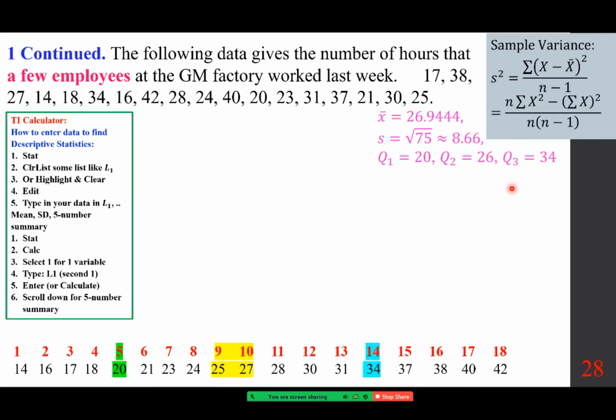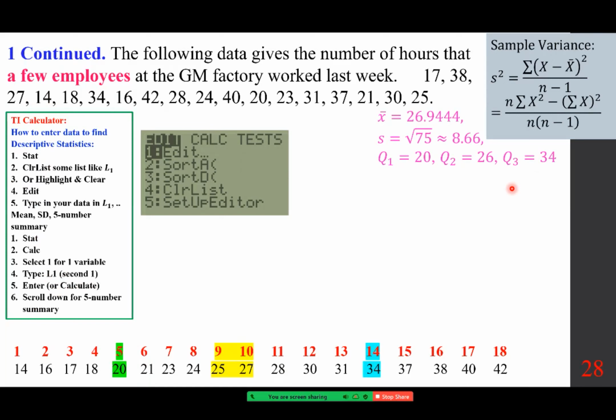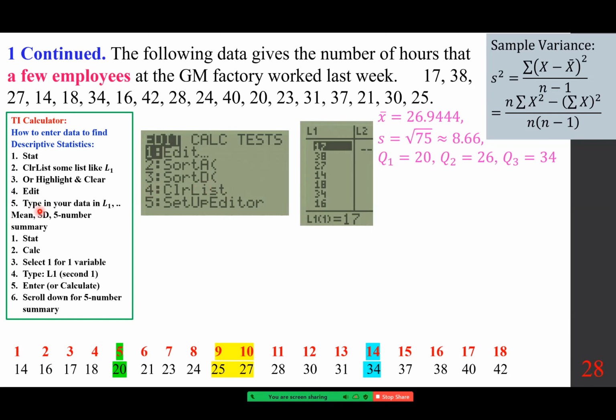So, for example, you click on stat, clear list. For example, if you want to clear the L sub 1. And then you edit and type in your data in one of those. For example, L sub 1 is the list.